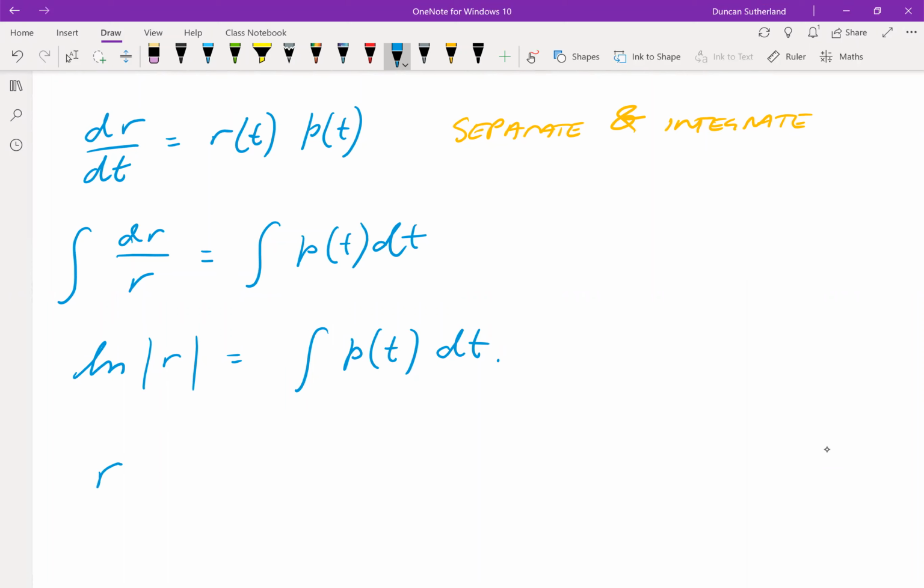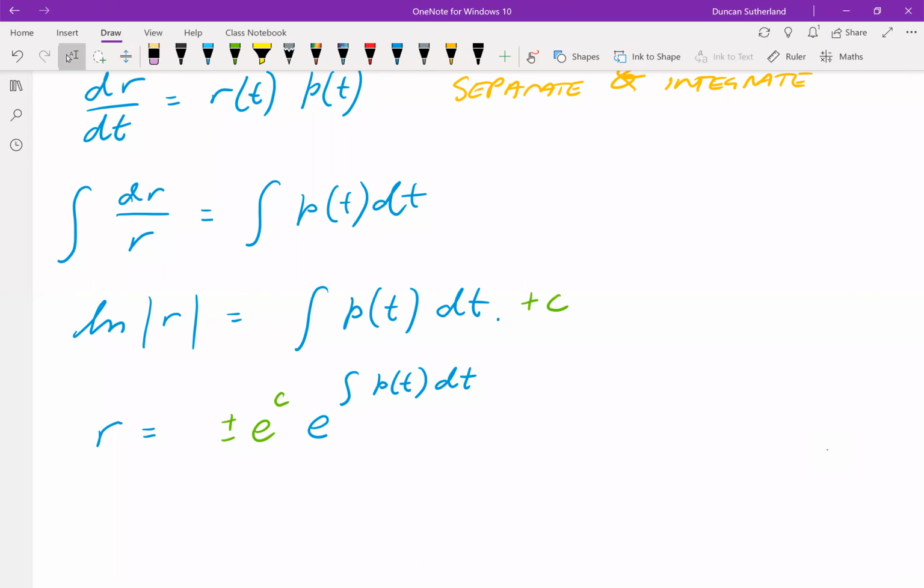We can, however, deduce that r, our integrating factor, exponentiate, deal with the plus and minus. We can put a plus c here. Let's just put a plus c there. But we'll discover that it becomes irrelevant later. So that's what happens to our constant of integration.